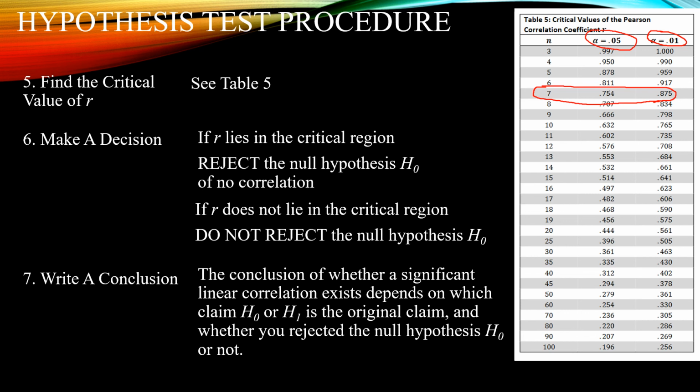So you'll either be able to make a conclusion that you reject that statement, that there is no linear correlation, or you don't have enough evidence to reject that statement. So the phrasing of the conclusion, of course, is always dependent on which of the claims is the null or alternative hypotheses.